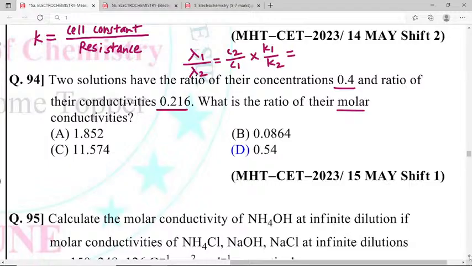So the ratio of their concentrations is C1 by C2.